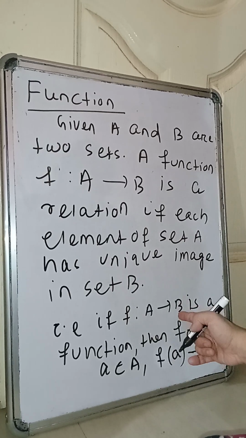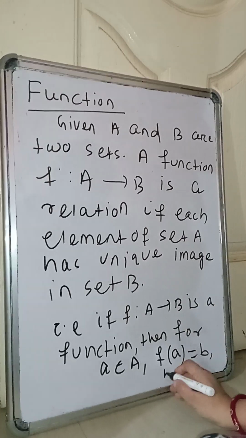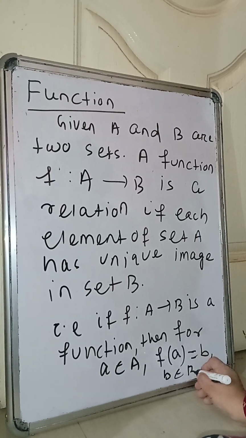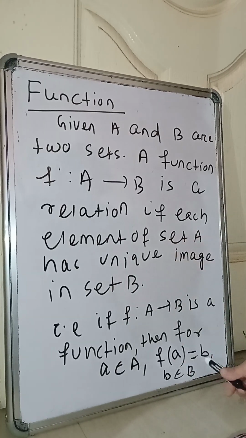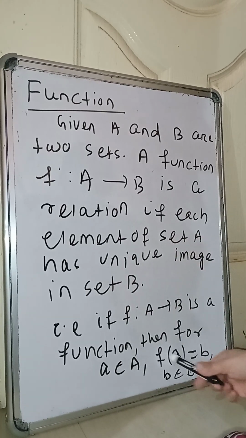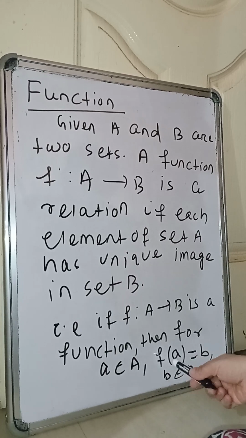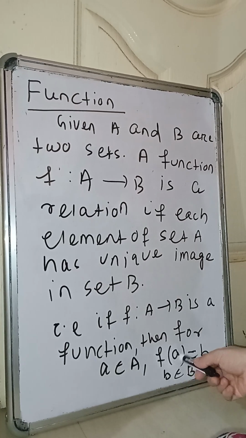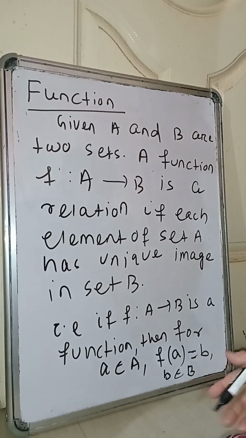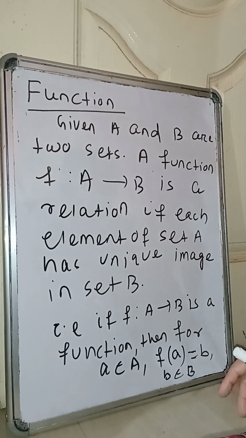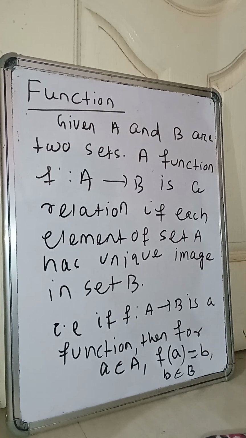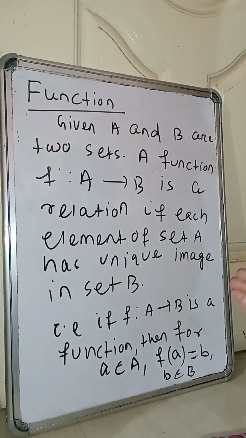What is b? b is from set B, and this b is the image of a. This b is the unique image of the element a. In other words, f is a function from A to B if every element of A has an image in B and the image must be unique.